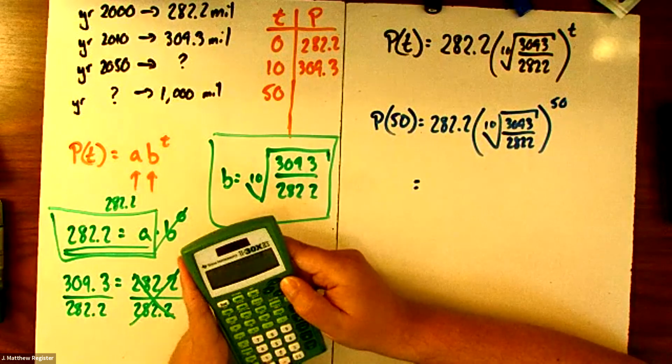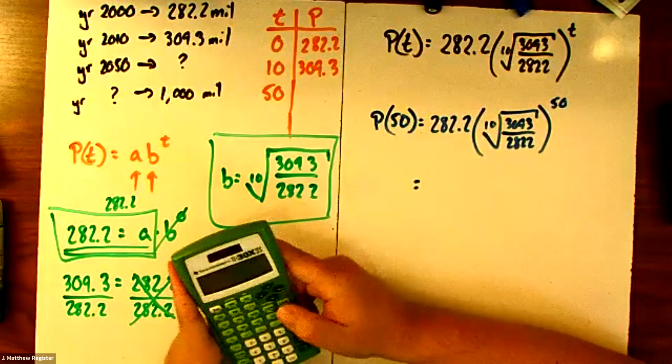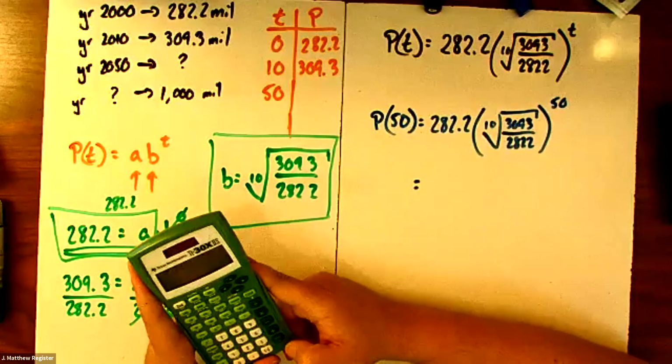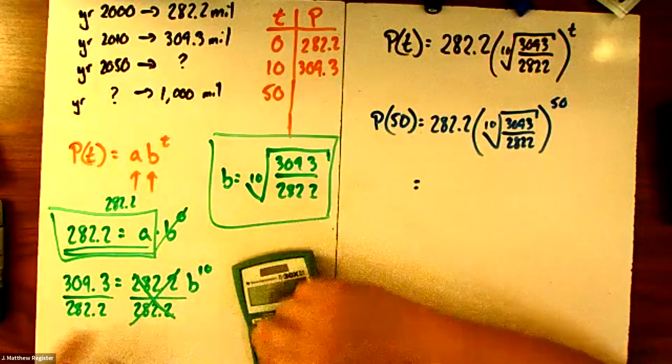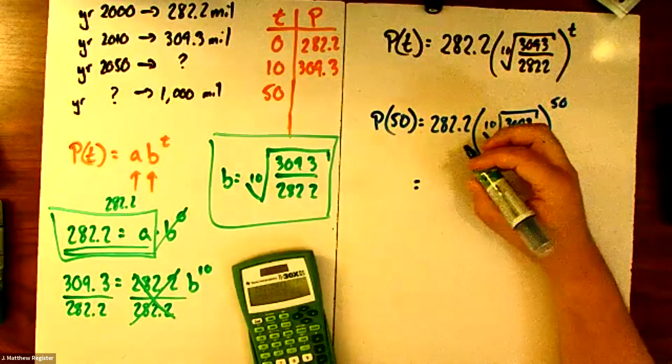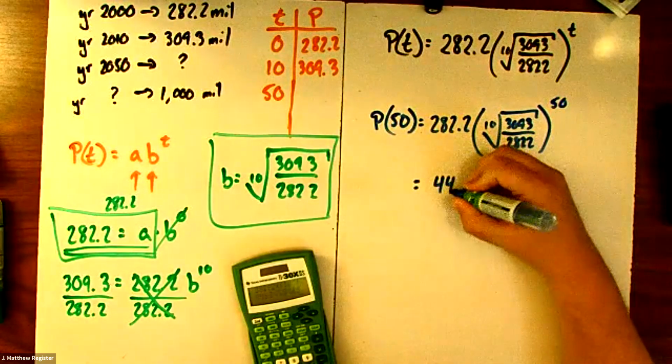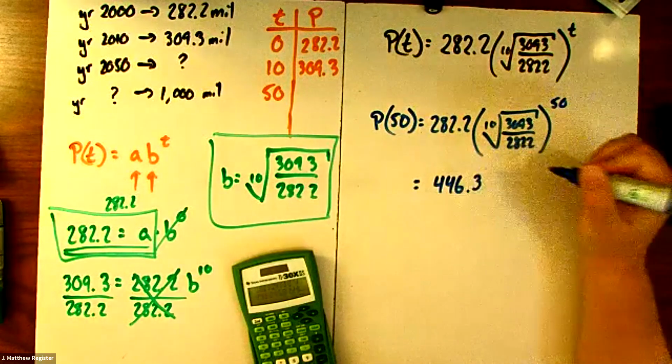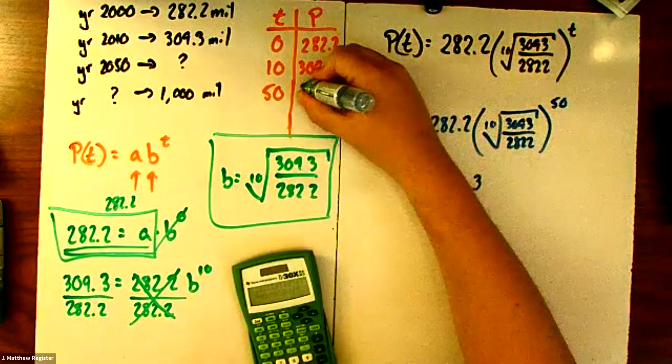Make sure I got all parentheses right. That looks right. And I get 446.3459. Yeah, we can round that to 446.3.